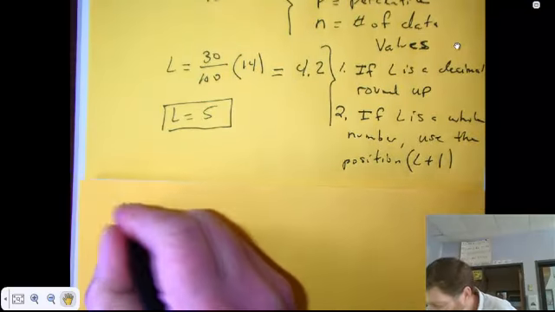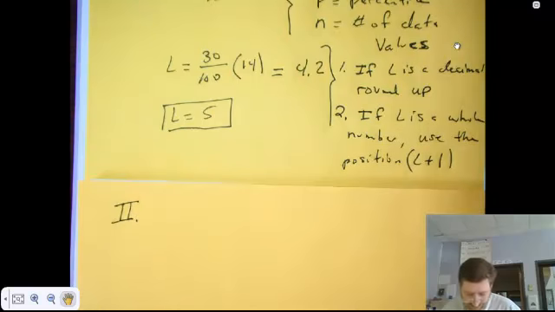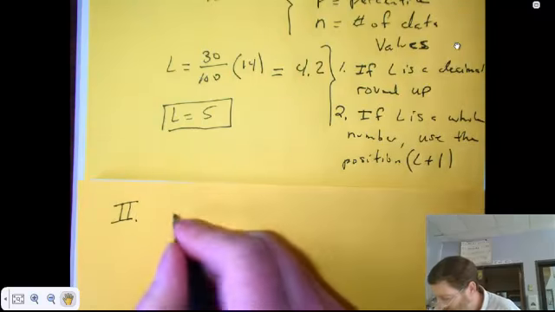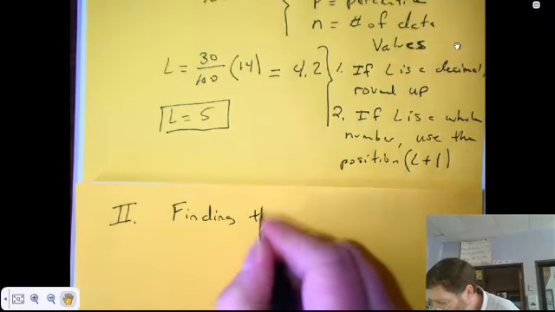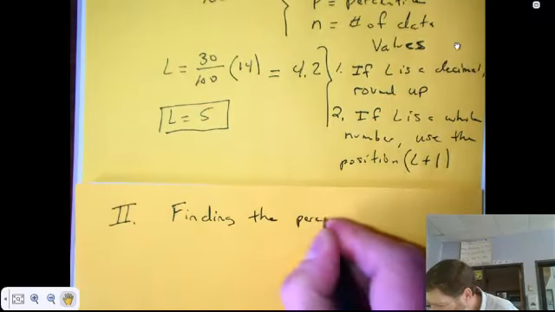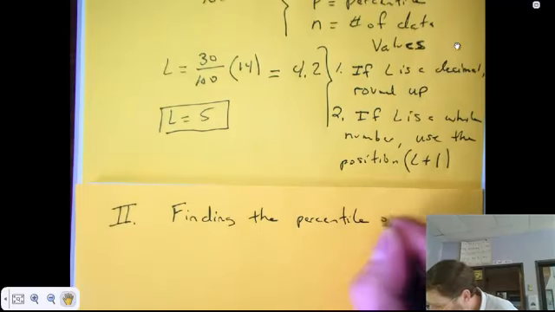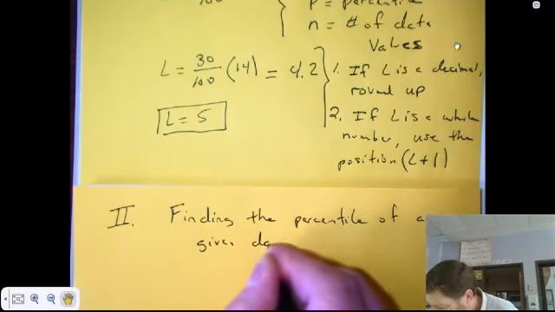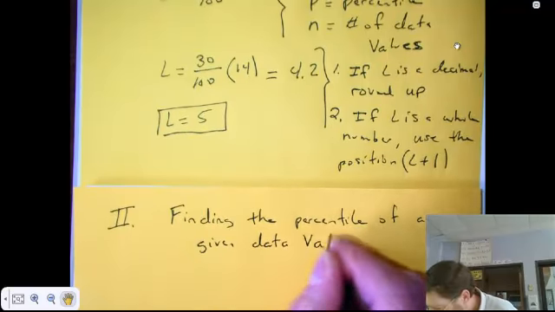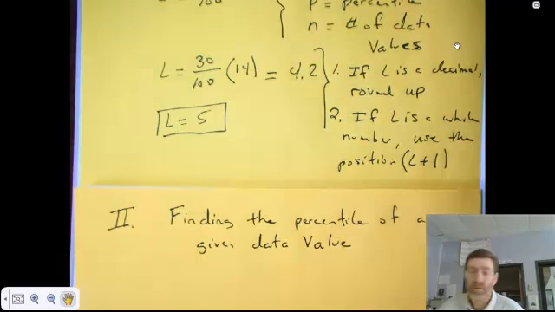Okay. Part 2 today is finding the percentile of a given data value. Just kind of the opposite.